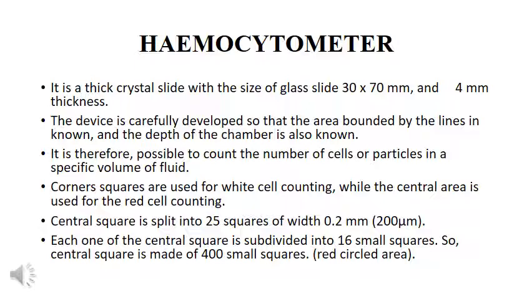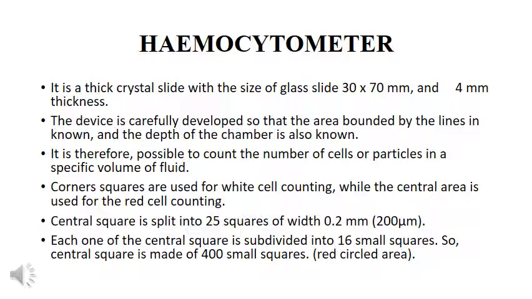The central large box is divided into 25 squares, and each small square is subdivided into 16 small squares. So the central large box contains 400 small squares.